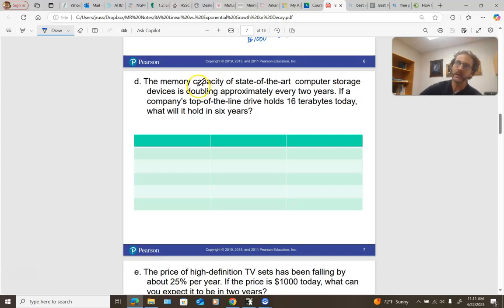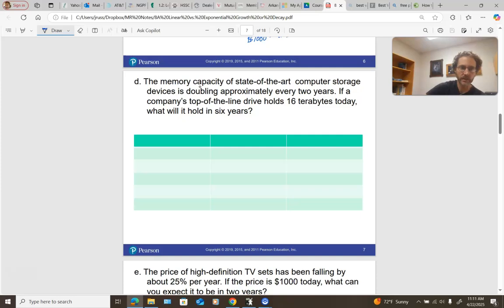For example, if you make $20 an hour, and you get a 100% raise, then your hourly rate is going to double. You're going to get another 20, making you have a total of $40 per hour. Okay, so whenever you see this doubling, that means it's exponential growth. Okay, and the rate of growth is actually 100%.